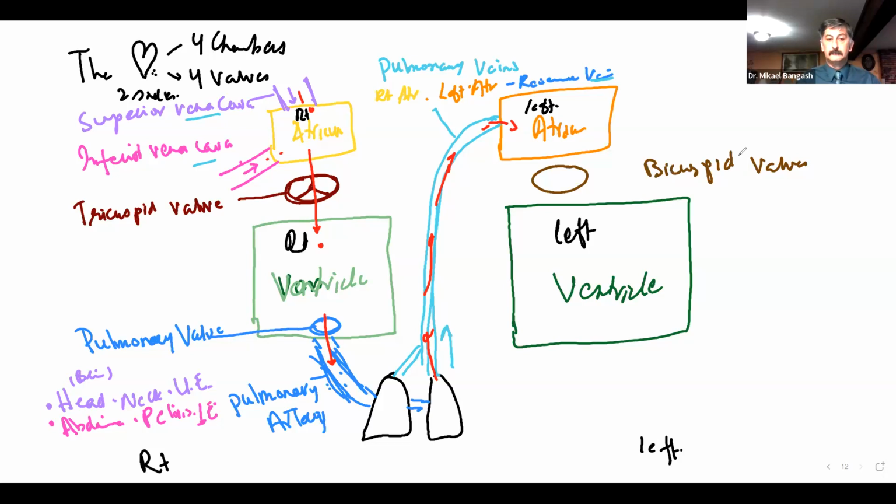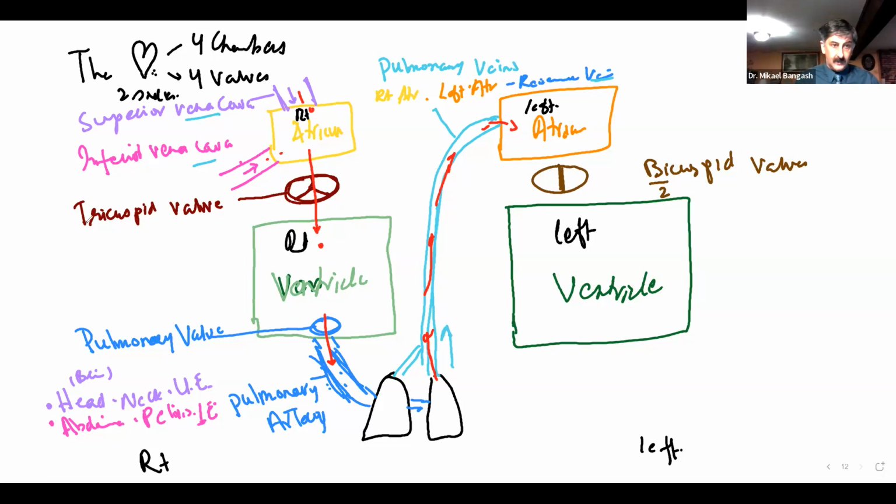Bicuspid valve. The reason that we call this one the bicuspid valve is because it only has two cusps or flaps, because we know that bi means two.